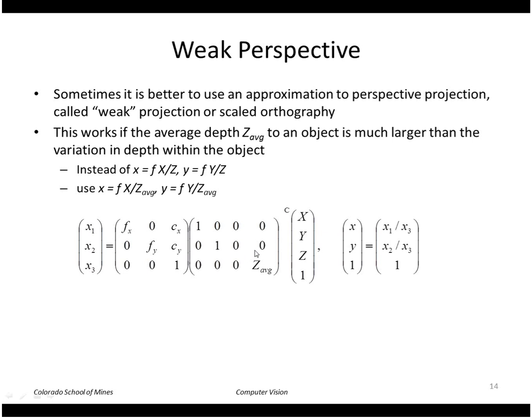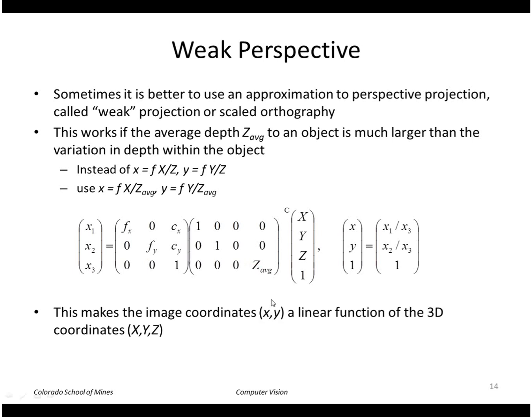So before we had the projection matrix, I had a 1 here and a 0 here. And of course this is K again. Now I have a 0 here and z average here. So the advantage of this is the resulting image coordinates x, y are just a linear function of the 3D coordinates.